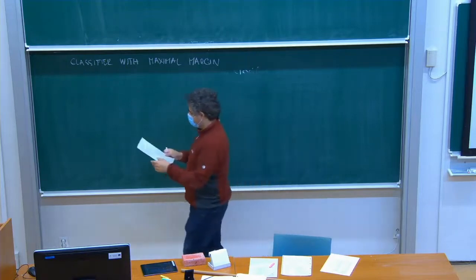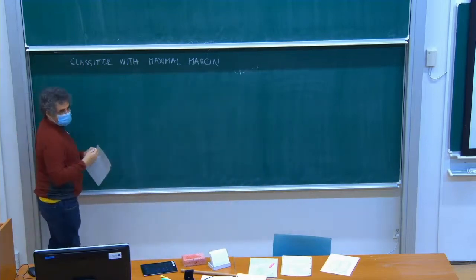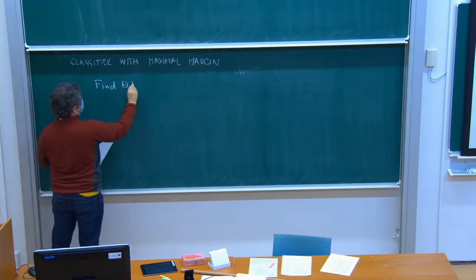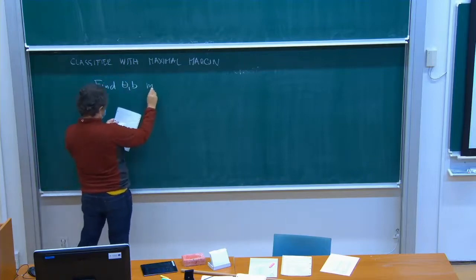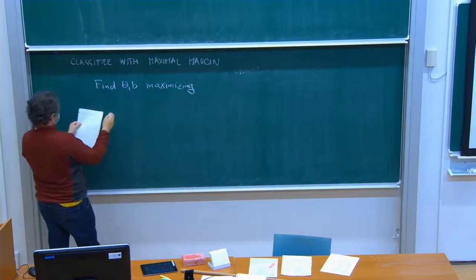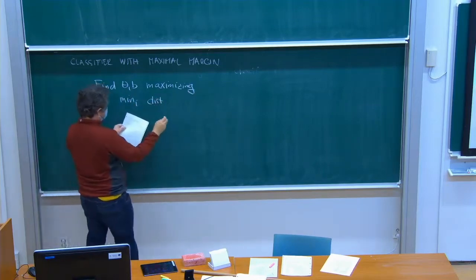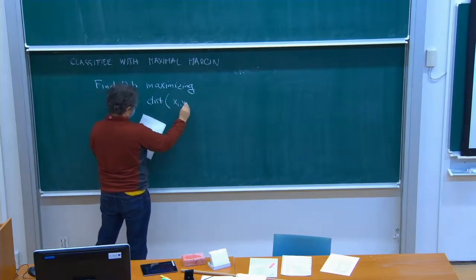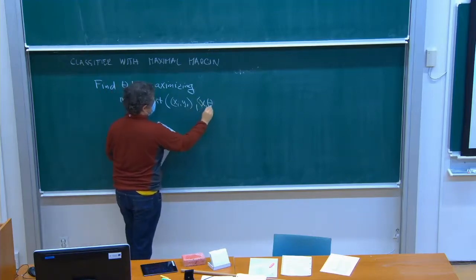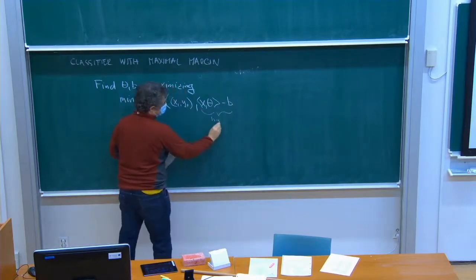Okay. So if I'm doing this in the spirit of these linear programs, I want to find parameters theta and b which maximize the minimum over all i's of the distance of xi, yi to x theta minus b, which is my hyperplane.